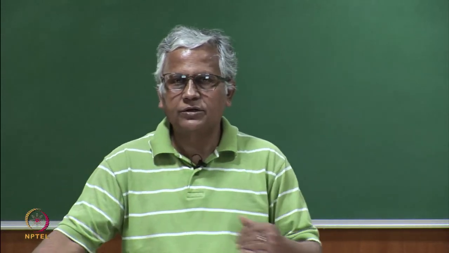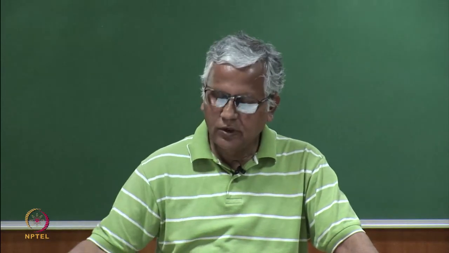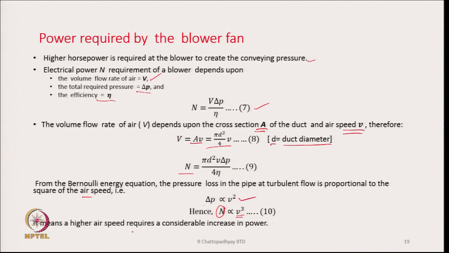So, if we can reduce the air velocity requirement for transporting the tufts, we have a huge gain in the power requirement of the blower fan, because N is proportional to v cube. So, lesser the air speed, lot of saving of energy.